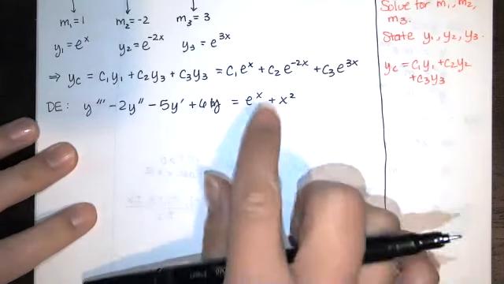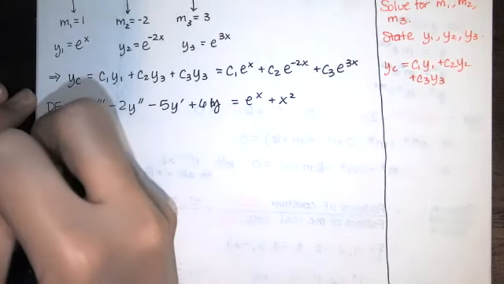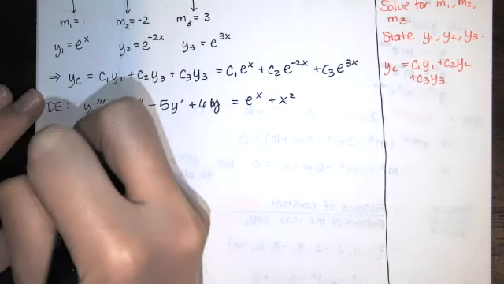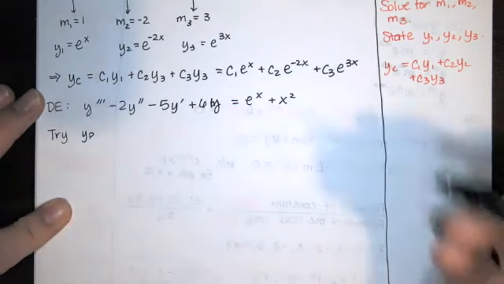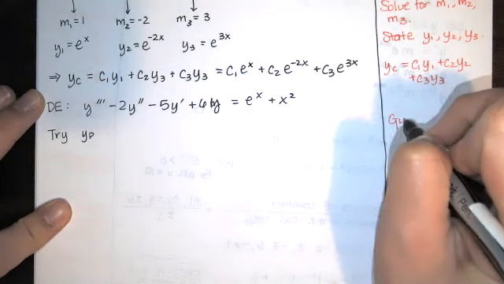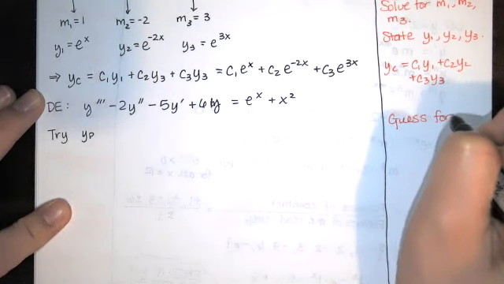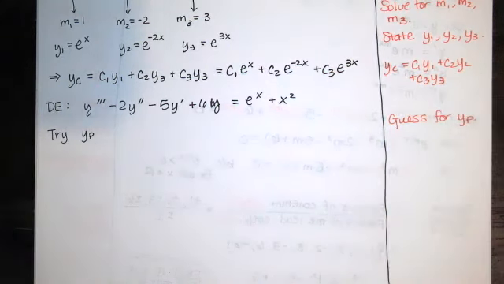And now you want to make an educated guess for y sub p based on the form of the right-hand side. Now, we're never 100% sure a guess will work, but often we can tell what won't work and we can multiply by an extra x if necessary so that the functions that don't work aren't part of our solution here.